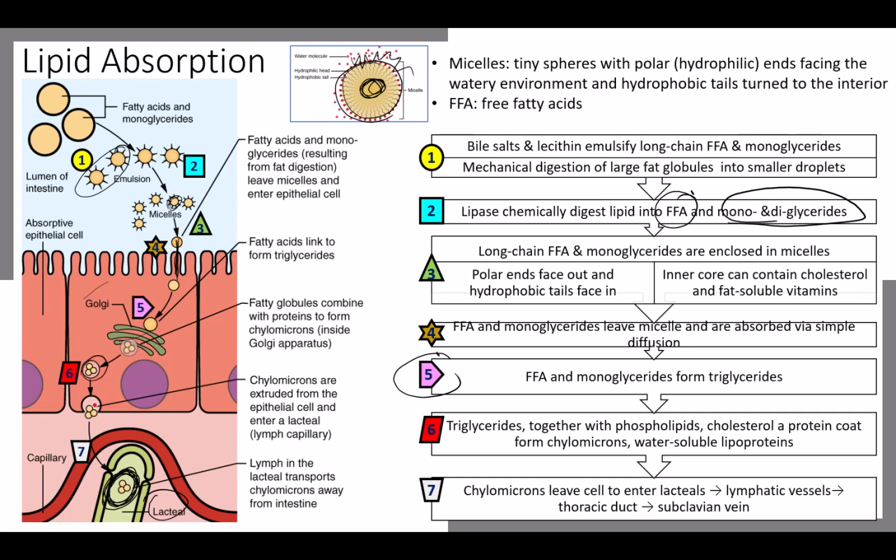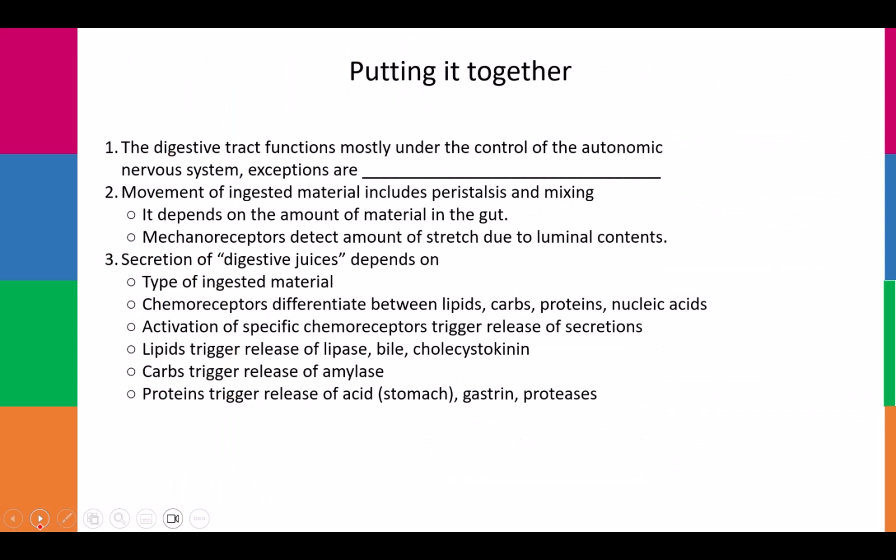And the lipoproteins then form these chylomicrons, which are water soluble. And so it allows these water soluble fat-enclosed lipoproteins to enter the lacteals, where they get transported away from the small intestine.